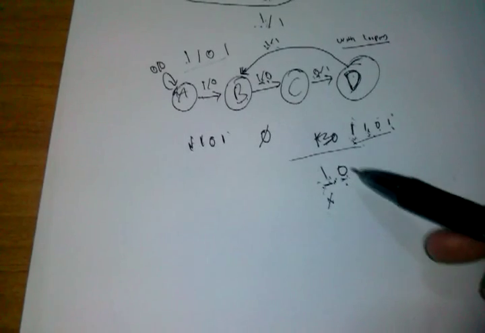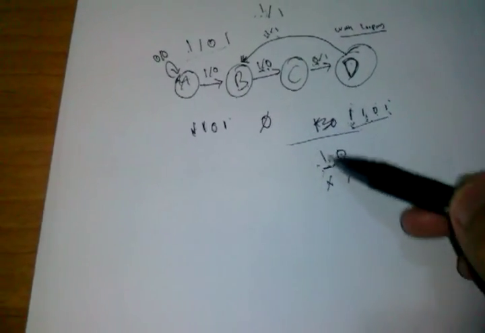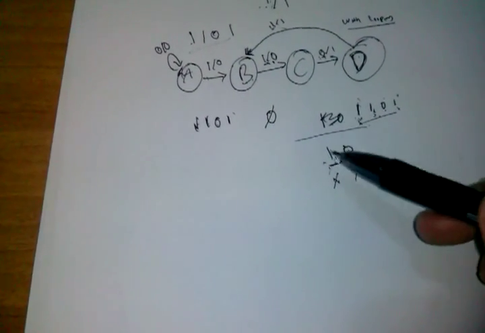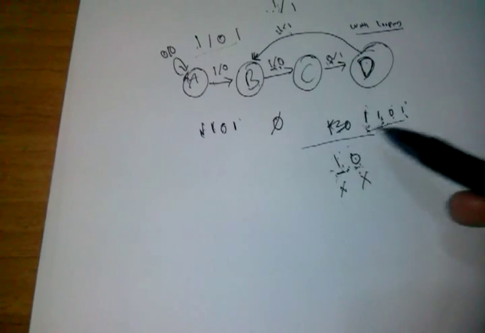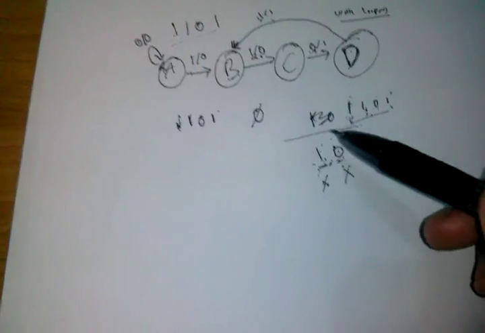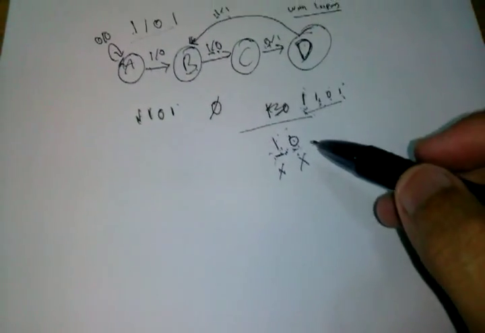So that's why I put a cross. For this one also, because the first and the second digit, if we guess this is right, should be 1 1, not 1 0. So that's why it is wrong.